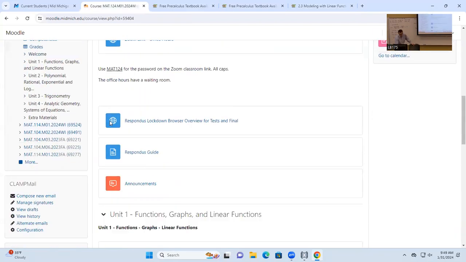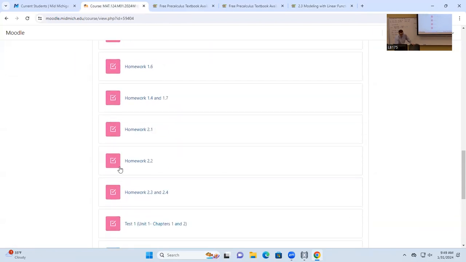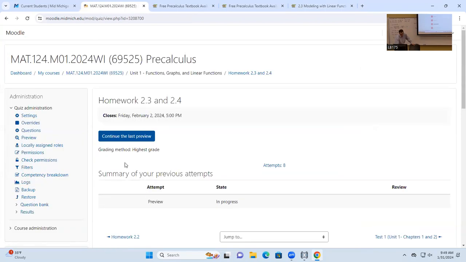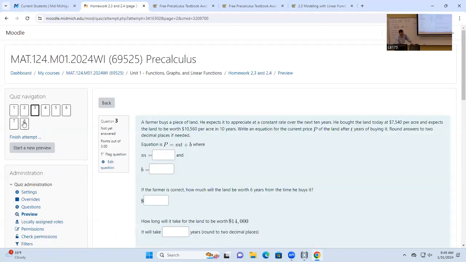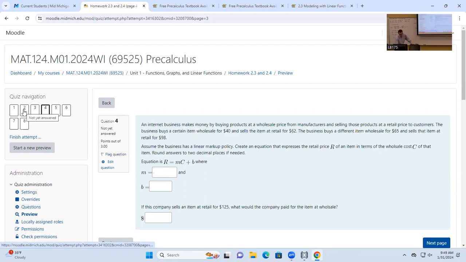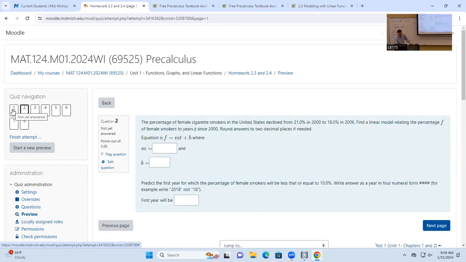And let me really quickly take a look at the homework. Constant rate of growth. Here you go, retail and markup, all that stuff. Okay, here we go. That's the one I want.